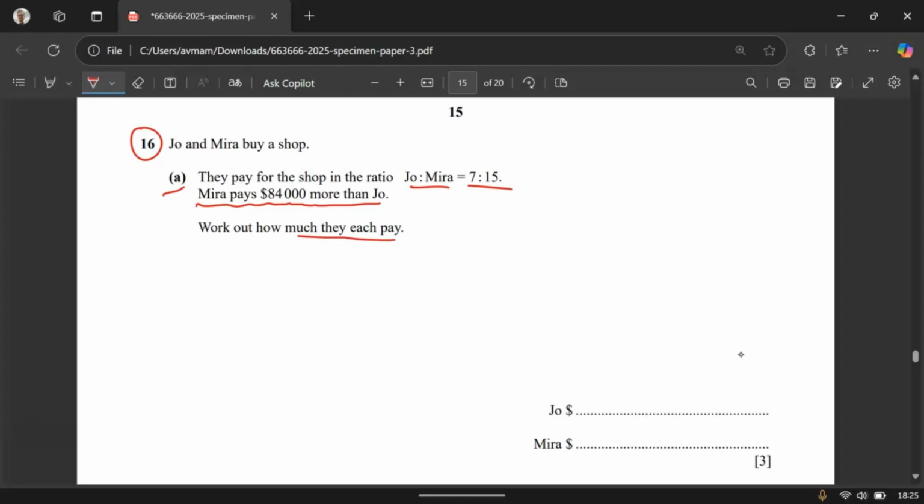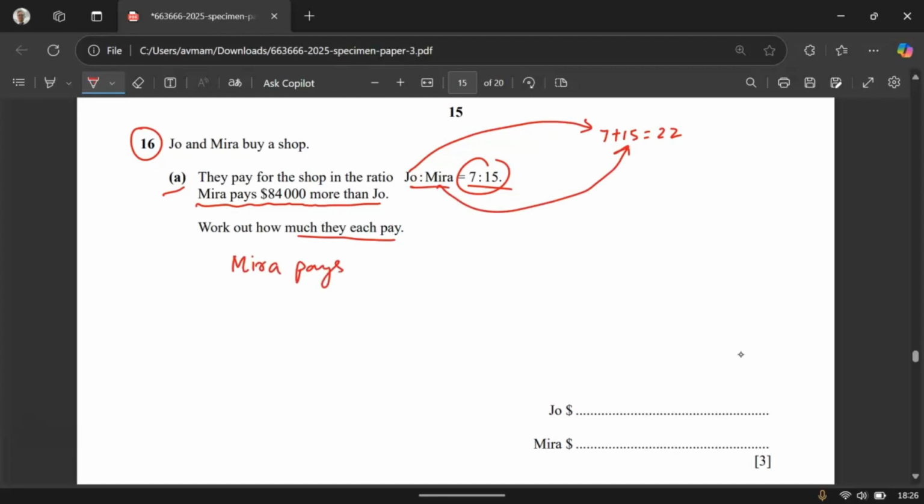So if you look at the ratio 7:15, Mira is paying 8 more parts than Joe. Alright? So the total number of parts will be 7 plus 15. That will give you 22 parts. But Joe is paying only 7 parts, whereas Mira is paying 15 parts.